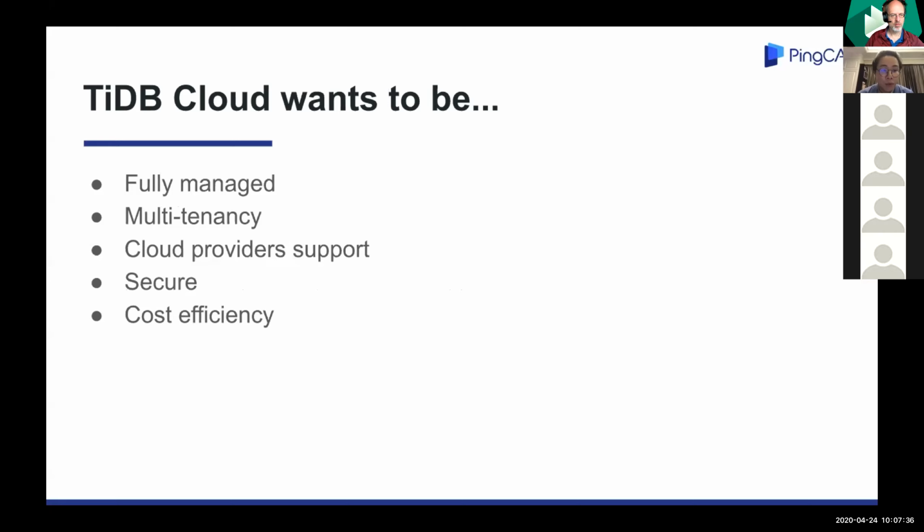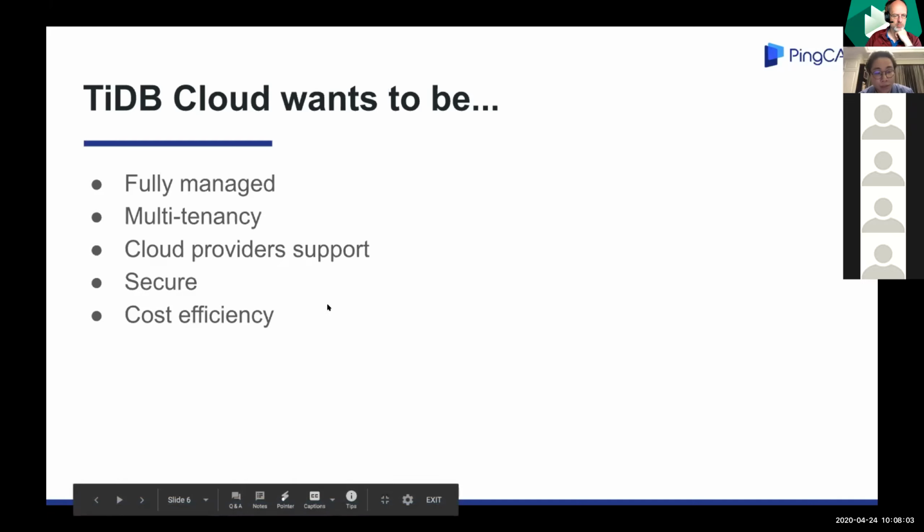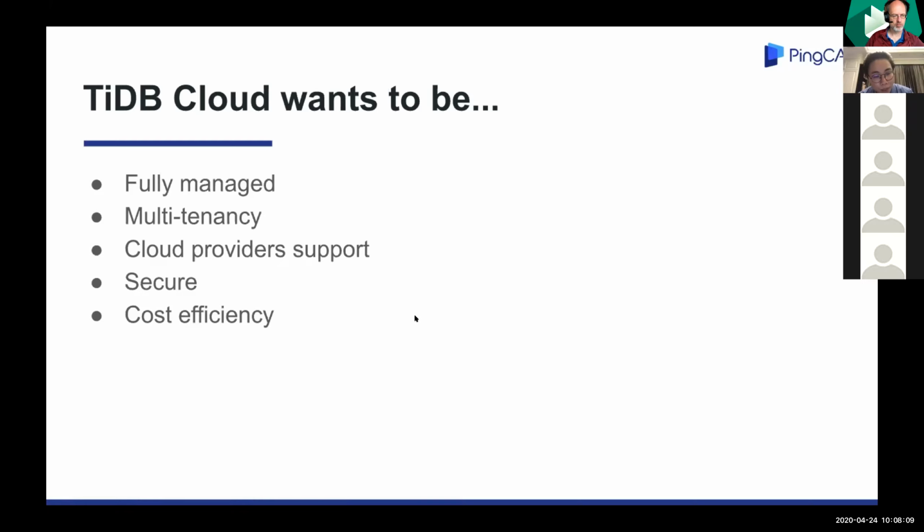We have to support different cloud providers because users connect to TiDB via VPC peering, so we have to create the database on the cloud where our customers are located to reduce the connectivity overhead. TiDB Cloud must also be secure so that our customers can trust us. And the last one is that we want to be cost efficient, not only for machines, but also for human power.